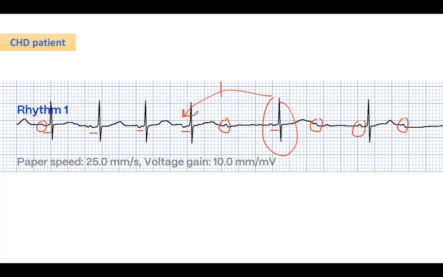So this might be an example of Mobitz 2. Makes sense, guys? So with Mobitz 1, there's gradual PR prolongation before the dropped P wave. With Mobitz 2, there is sudden dropping of the P wave without preceding PR prolongation, right?